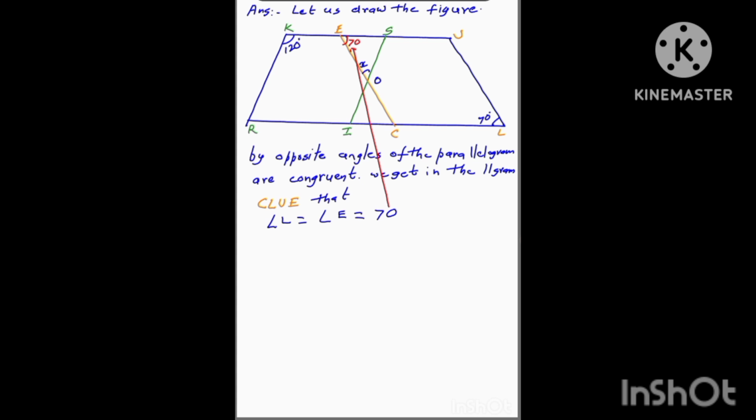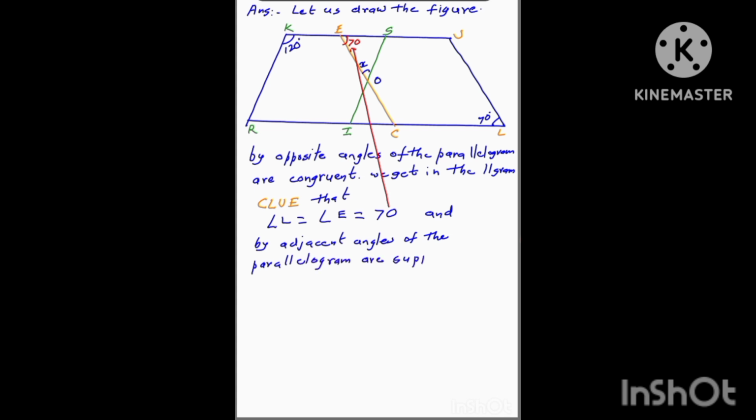Now in triangle EOS, we have to find angle S. Another property is that adjacent angles of the parallelogram are supplementary, that is, the addition of the adjacent angles is 180.